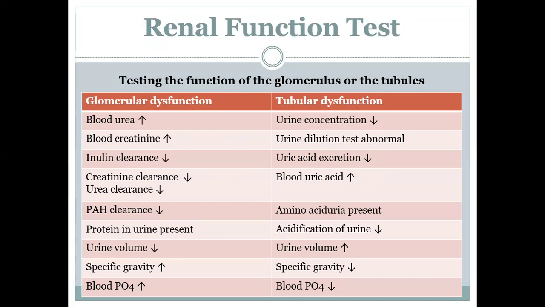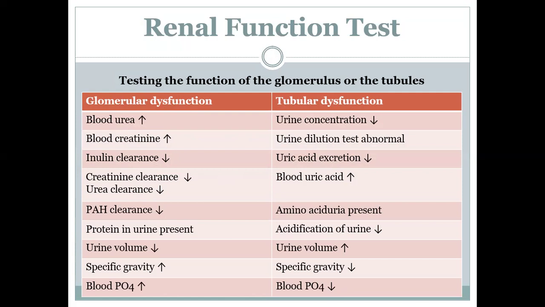In glomerular dysfunction, there is an increase in blood creatinine, a decrease in inulin clearance, and a decrease in creatinine clearance and urea clearance. Para-amino hippuric acid clearance is also decreased. Proteins in urine are present, urine volume is decreased, specific gravity is increased, and blood phosphate is increased.